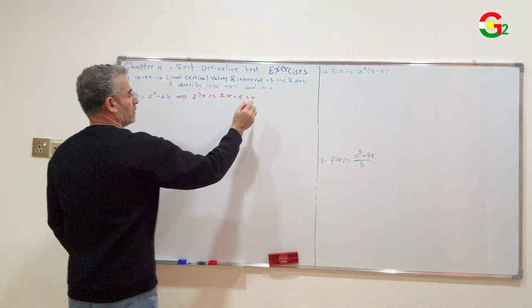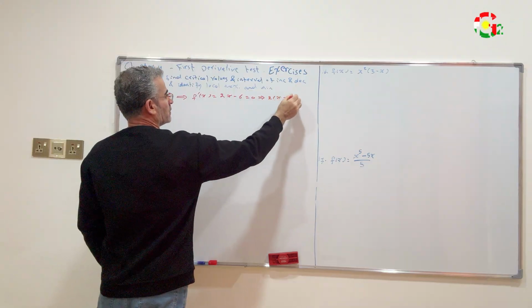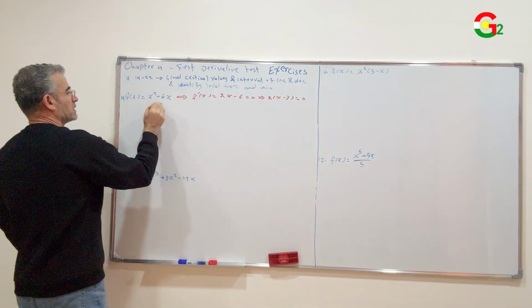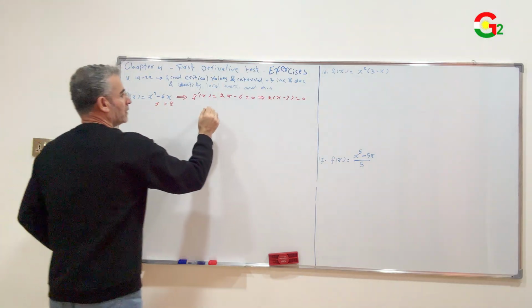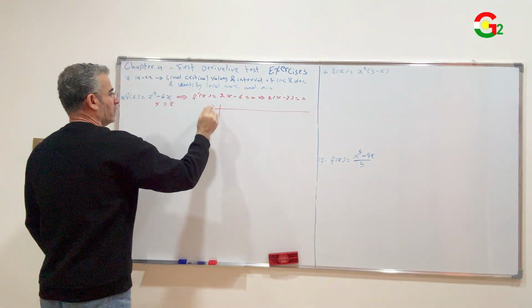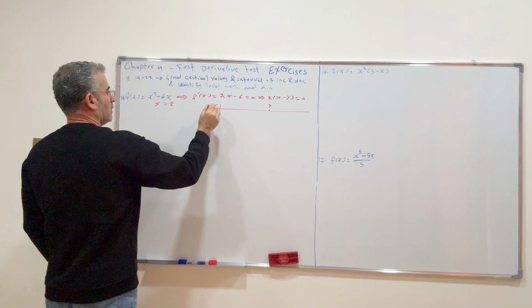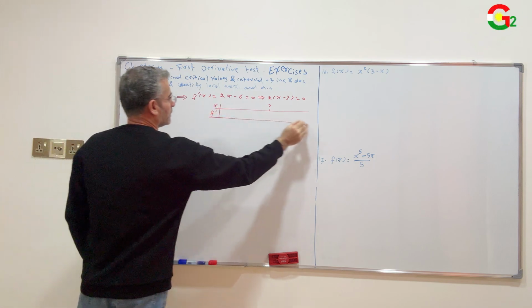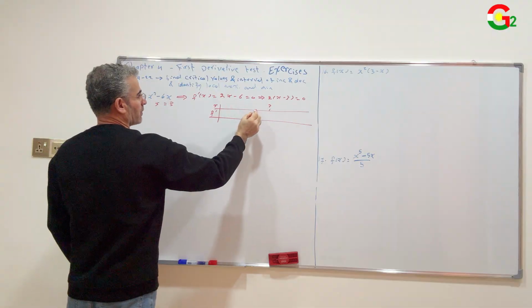Set it equal to 0. Factorize by 2, x minus 3 equals 0. Then x equals 3 is the only critical point of this function. Now find the intervals of increasing and decreasing. Set 3 on the number line and find the sign of the derivative before 3 and after 3.